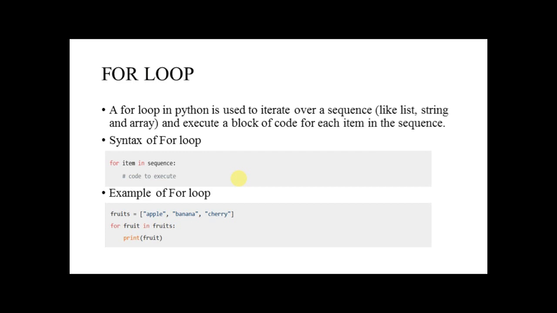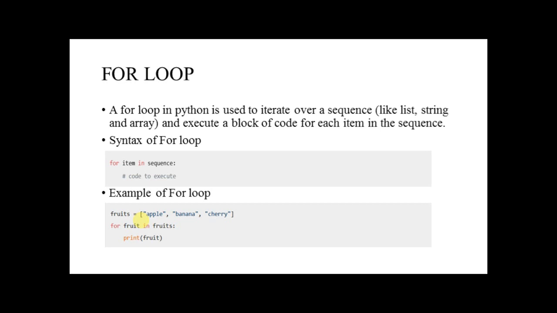The for loop in Python is used to iterate over a sequence like a list, string, or array. These words you will come to know about later in your experiments. It executes a block of code for each item in the sequence. So the syntax of the for loop is: for an item in a sequence, which may be a list or a string, we can execute the for loop.